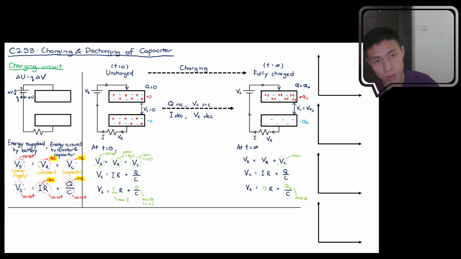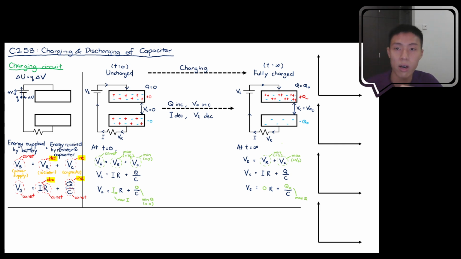So when it's maximum, it's equal to Vs. If my voltage across the capacitor is at its maximum, which is equal to the voltage of the power supply, that means my voltage across the resistor will have to drop to 0. This has to be 0, only then Vs is equal to Vc, right? So you know that my voltage across the resistor has already gone to the minimum, which is equal to 0.